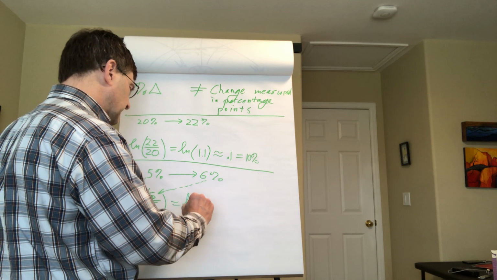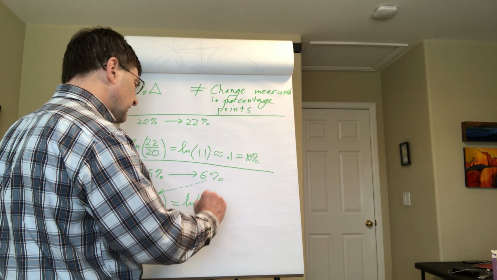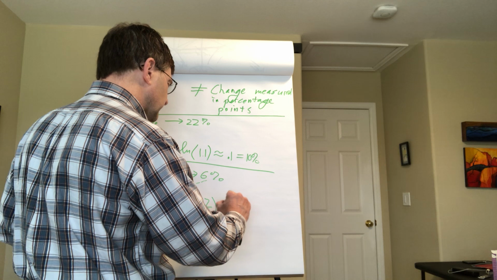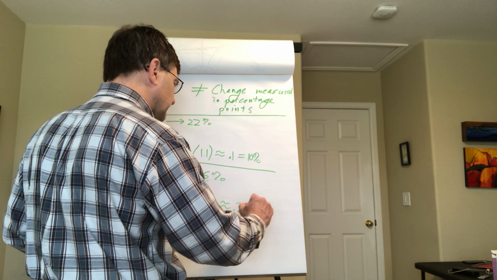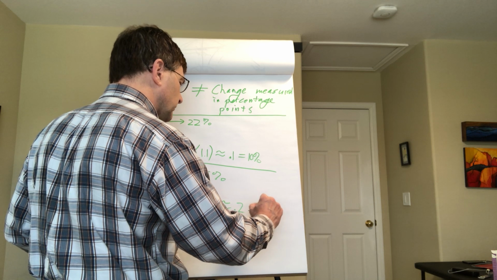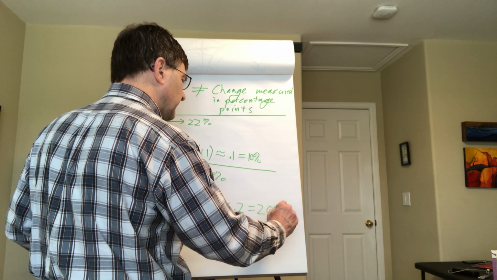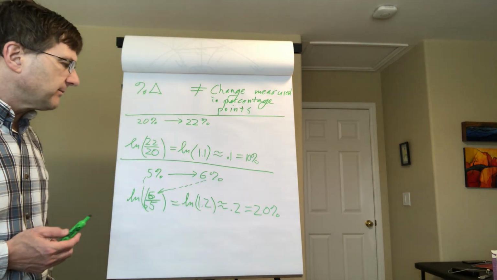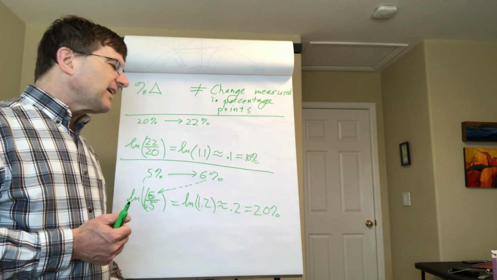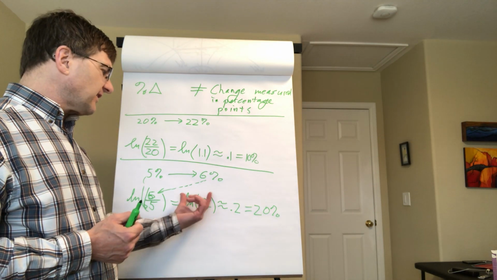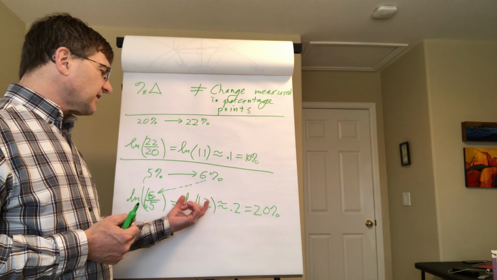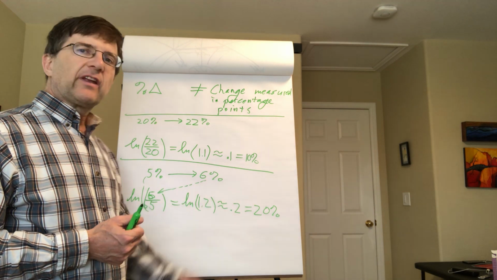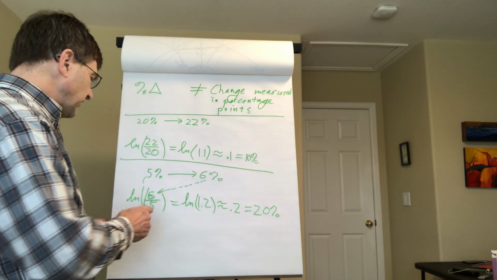That's equal to the log of 1.2. Now here the approximation isn't as good, but you might say, well, that's reasonably close to 0.2, which equals 20%. If you do it more carefully, maybe it's 19.5% if you really use the logarithm key on your calculator. But 20% is a pretty good approximation here.